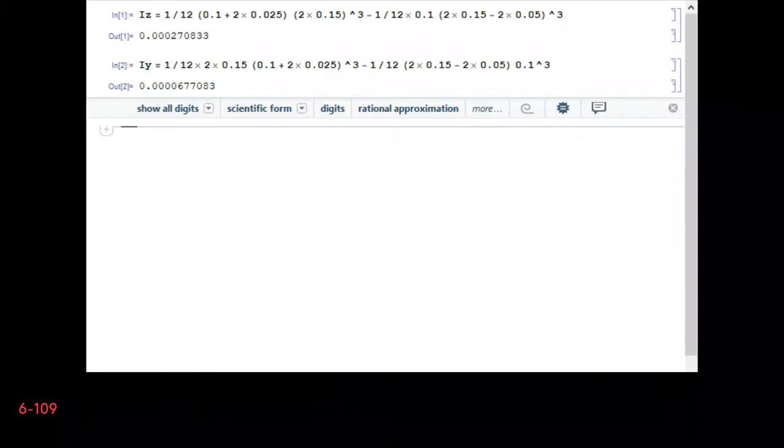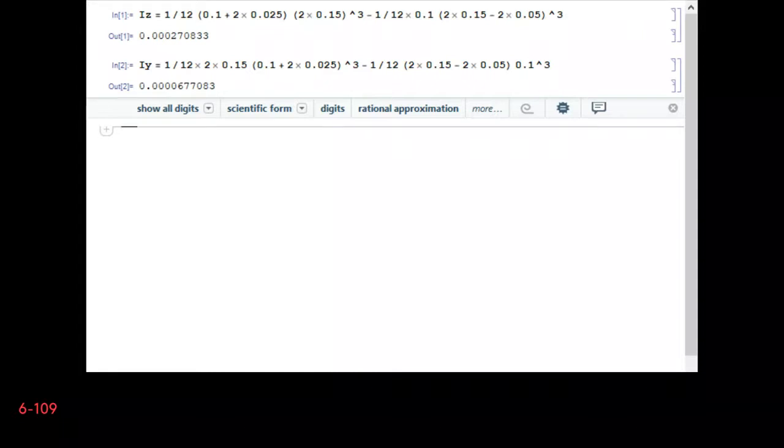So the result is 6.77 times 10 to the power minus 5 meter to the power 4.